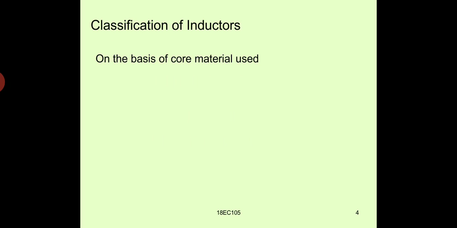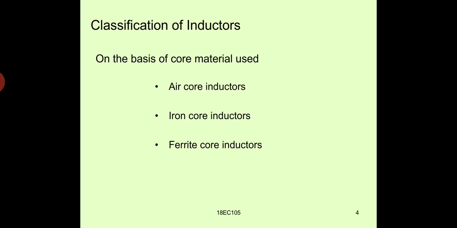On the basis of the material used for the core, they are classified as air core inductors and iron core inductors. Then you have ferrite core inductors. So there are three types of classification based on the core.